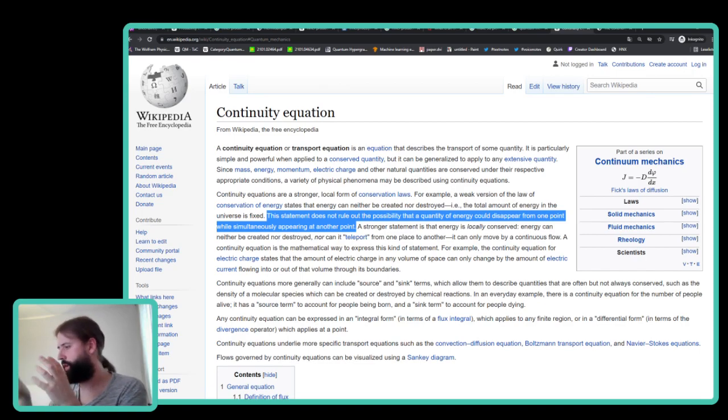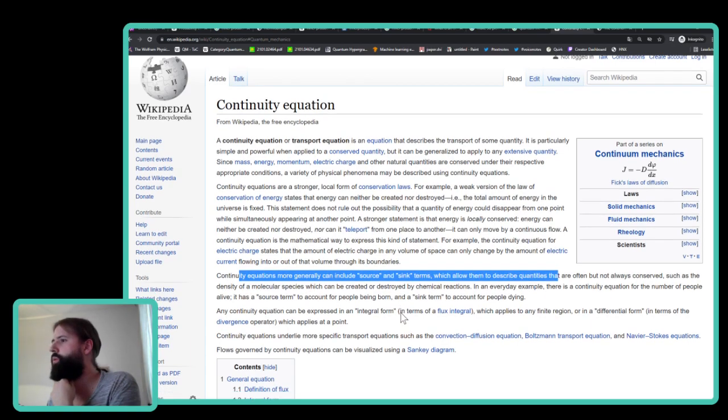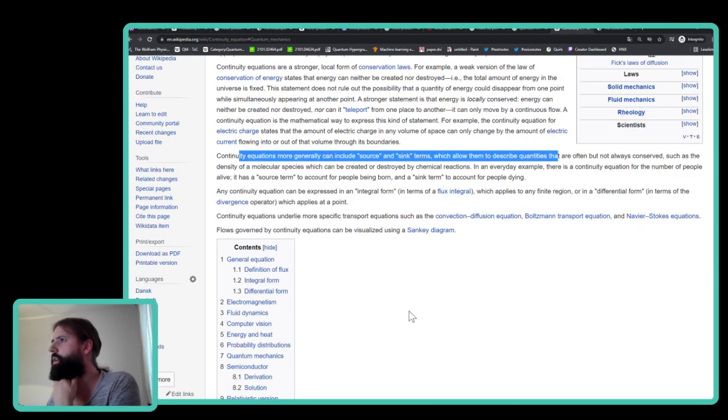When you have a wave function, the probability of finding the particle somewhere has a smooth transition. That's what this is saying. It's locally conserved. Yeah, it cannot teleport, so to say. Okay, this makes sense. But now, how do we define that?